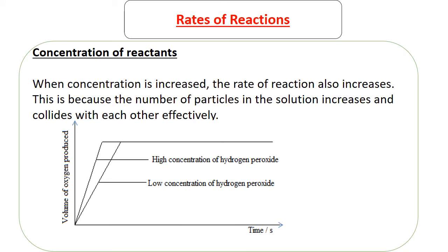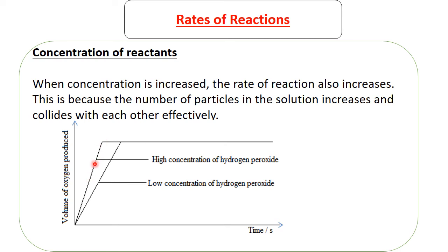So if we do a graph of, let's say, this hypothetical experiment where we have hydrogen peroxide, this hydrogen peroxide is going to be decomposed to form oxygen. Depending on the concentration, if the concentration is low, this is how the graph is going to look. But if the concentration is high, this is how the graph is going to look.